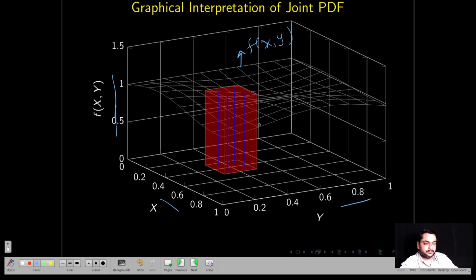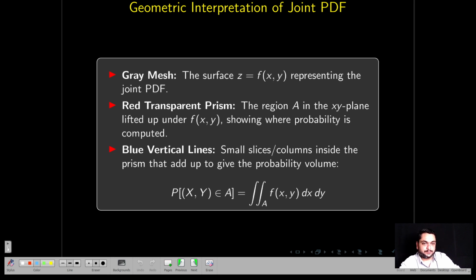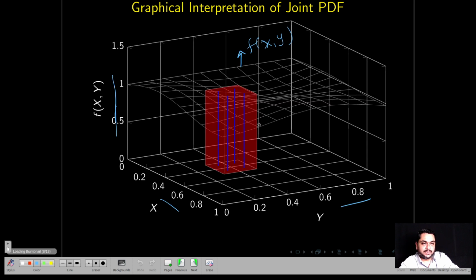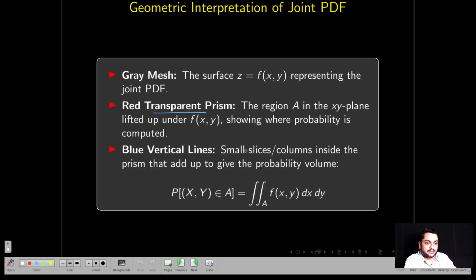Now here, the transparent red prism actually shows the area. So what am I saying here? On this curve, this region on top is the area A given by the xy plane variables. And the blue lines you are seeing are the probabilities that you are adding up, blue vertical lines that add up to give the probability volume.